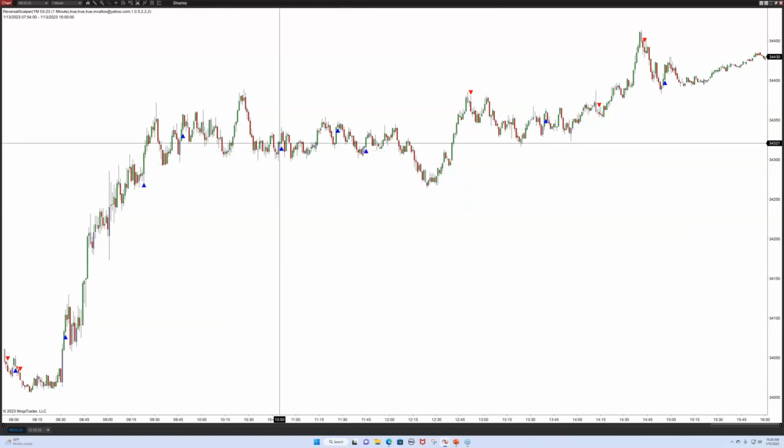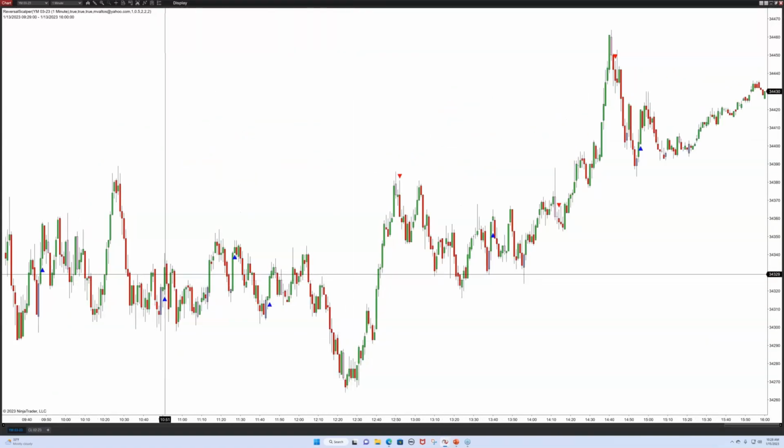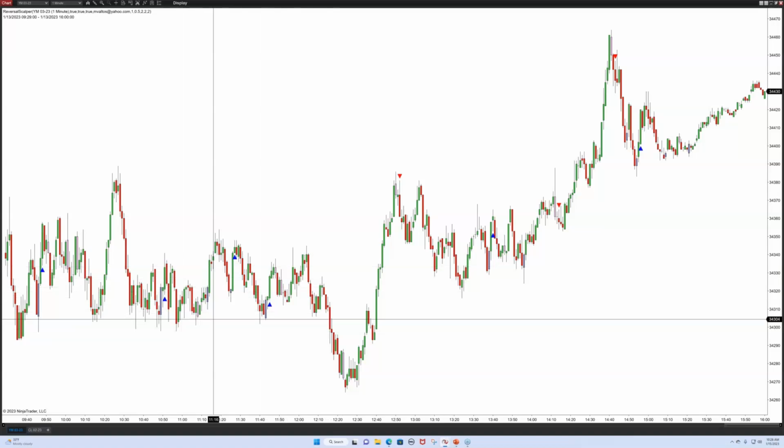This one, it didn't stop you out because you're getting your signal on this bar, but your stop is below here. So it's just going sideways. You have to have not just a stop based on risk, but also time risk.